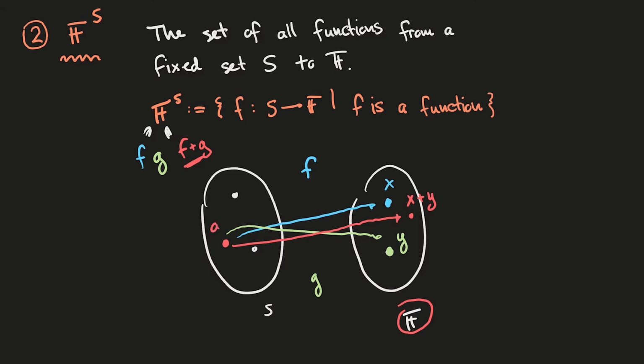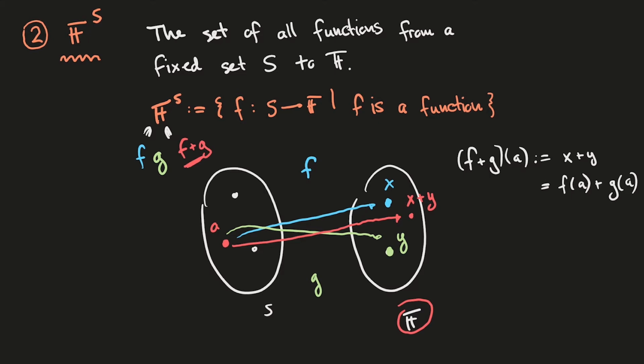If we call this red element here on the left a, we can write what we just did out in a formula. So we defined f plus g, so this is the sum function, of a to be x plus y, and x is just the image of a under f, so x is f of a, and y is the image of a under g, so this is g of a.